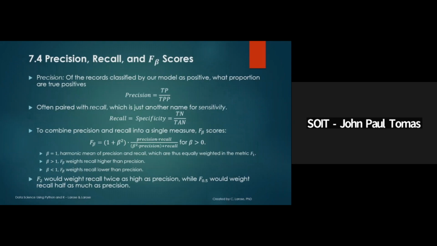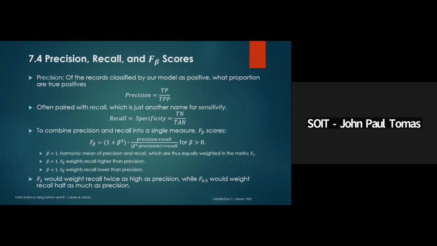Now, here is another one, which is what we call the precision and recall and the F sub beta scores. Precision is defined as, of the records classified by your model as positive, what proportion are true positives?